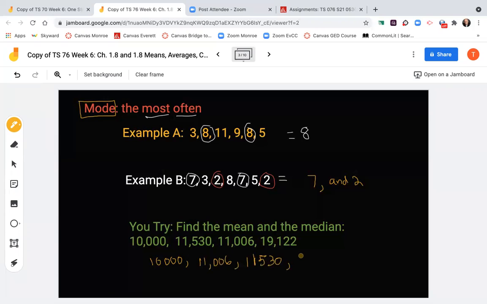And then I've got 19,122. Okay, so in this case, if I'm asked to find the median, the middle, I'm now going to take these 2 numbers, add them together and divide them by 2, and that gives me the median.